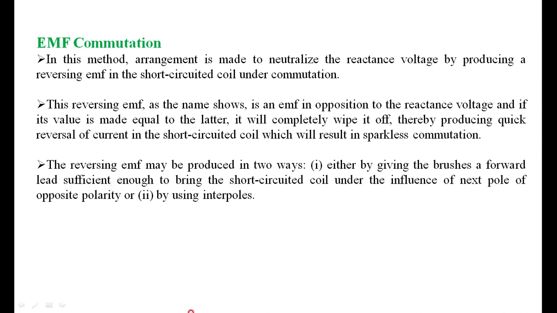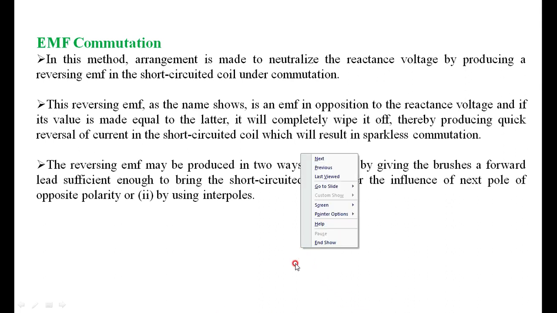So we have to nullify this reactance voltage by EMF commutation. For EMF commutation, what exactly we are doing here is placing small poles in between the main poles. That is, I am showing here.